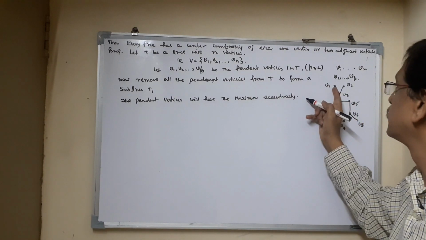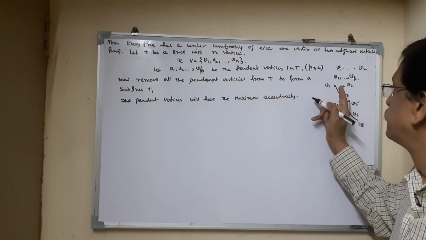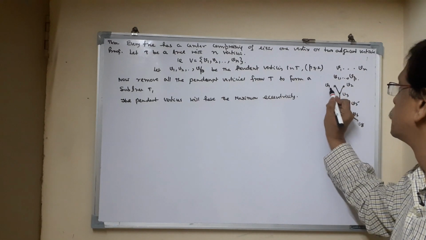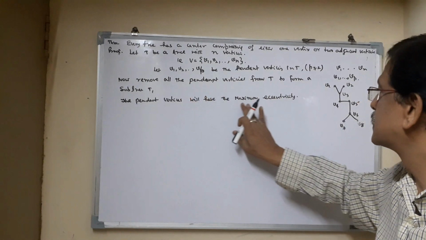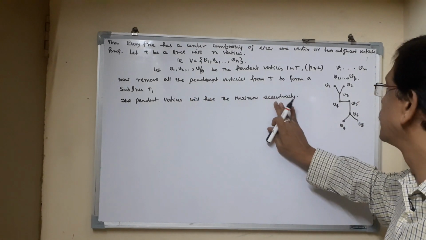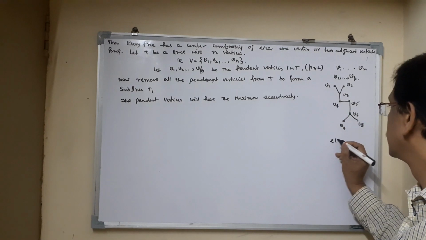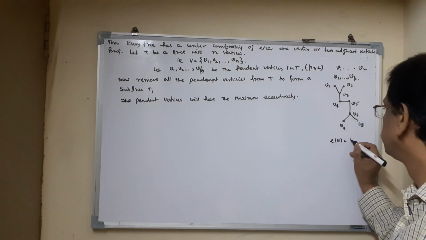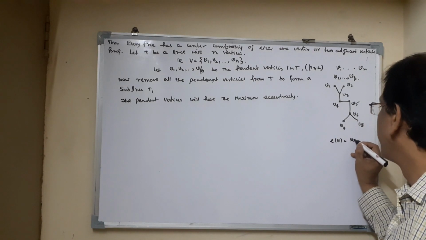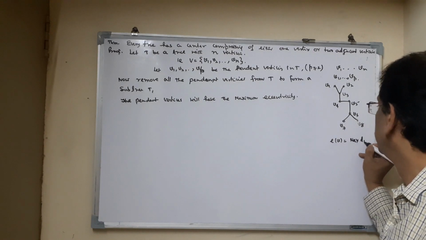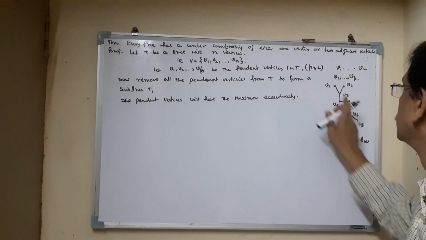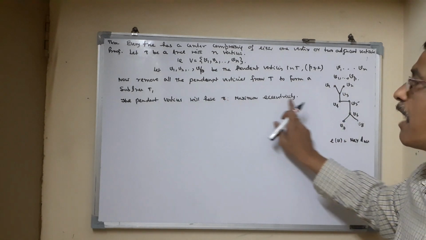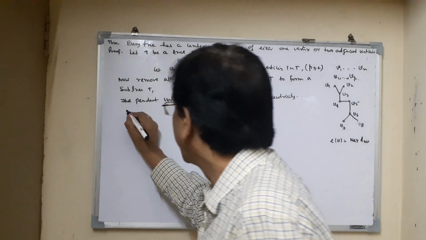So V1 is a pendant vertex. If I take this V1, it will have the maximum eccentricity. What is EV? EV is the maximum of D(U,V), the distance. If you count from V1, which has degree 1, it will be away from everything. So it is farthest. So it will have the maximum eccentricity.